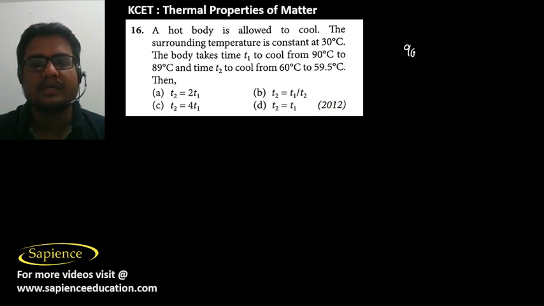So from 90 degrees Celsius it cools down to 89 degrees Celsius in time t1 seconds, and it cools down from 60 degrees Celsius to 59.5 degrees Celsius in time t2.